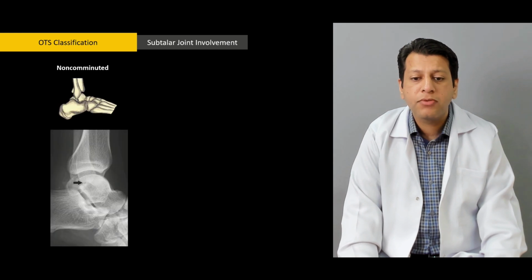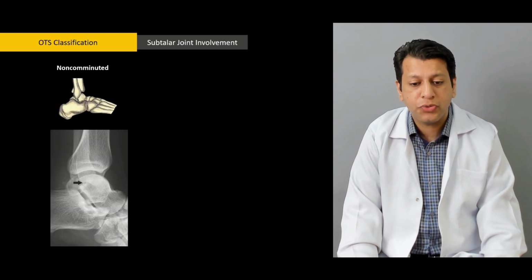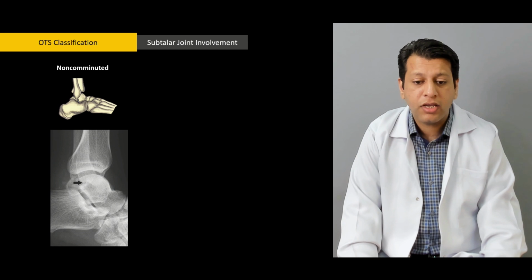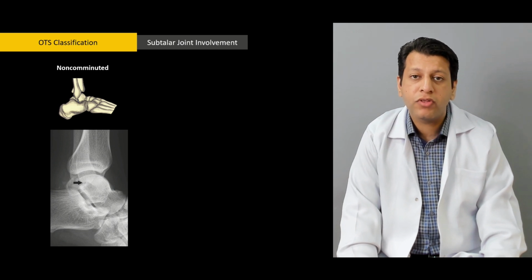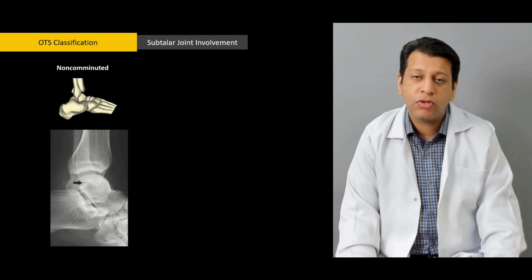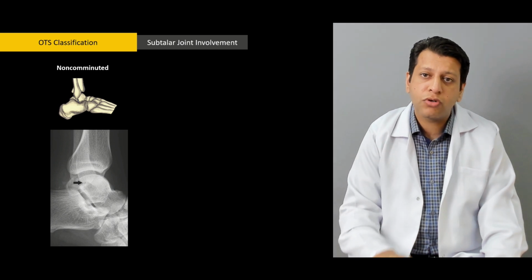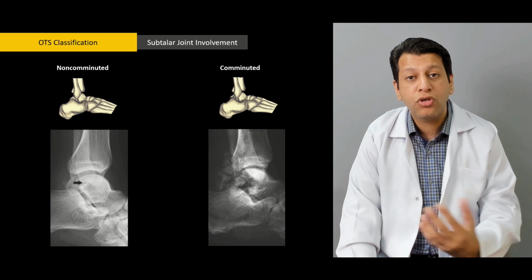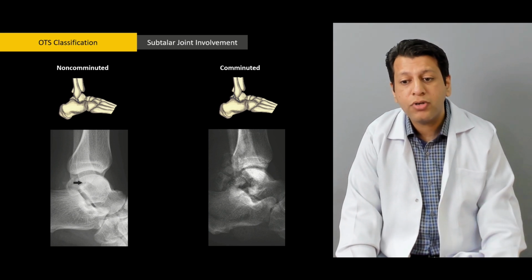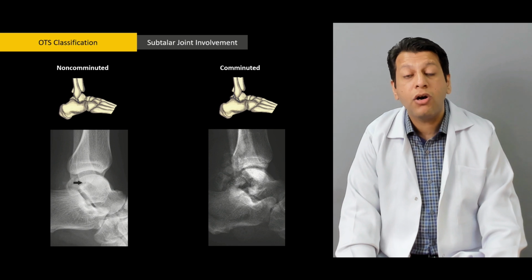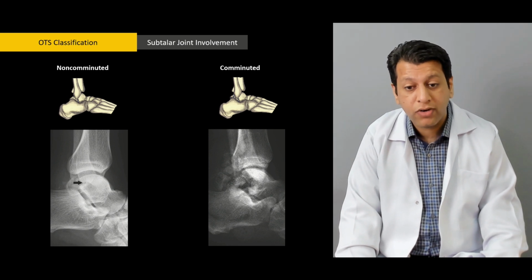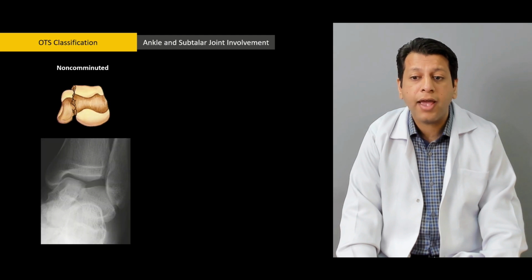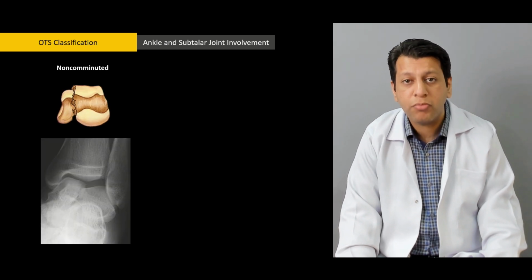Now sometimes there's involvement of the subtalar joint only, and this happens when there's a lot of axial load with not a lot of dorsiflexion. So all the load of the ankle is going on to the subtalar joint, and there may be a non-comminuted fracture, or a comminuted fracture of the subtalar joint along with involvement of calcaneal fractures as well. Now sometimes the ankle and subtalar joint both may be involved.